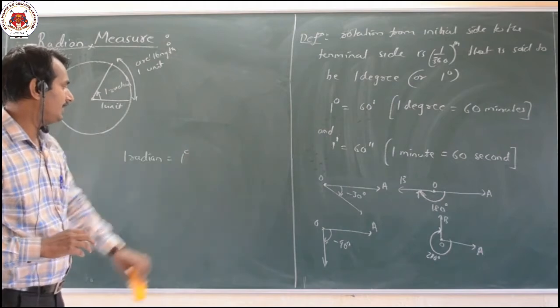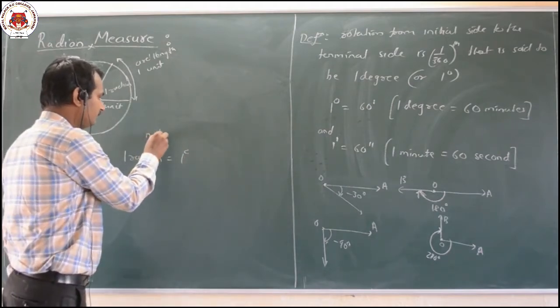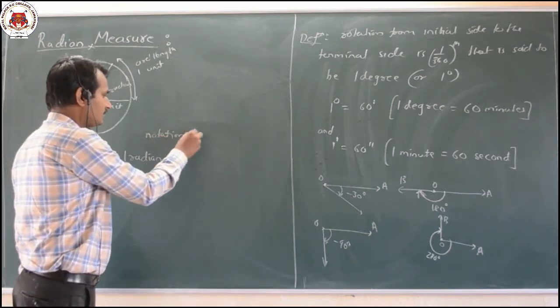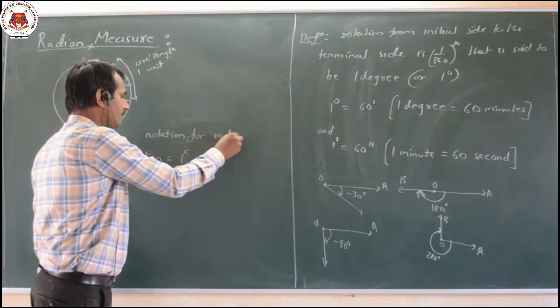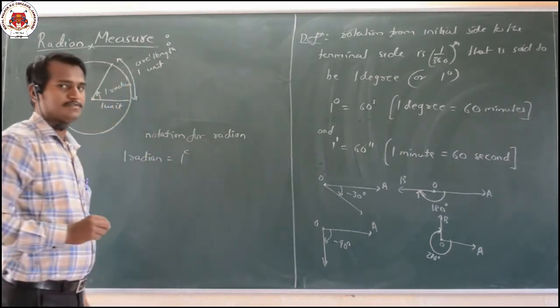Notation for radian, that is 1 to the power of c here.